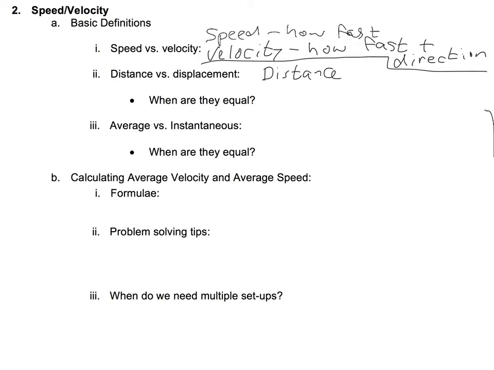Okay? Moving on to our next distinction, which is distance versus displacement. So distance is a measure of how far an object travels, okay? And our displacement is going to be how far we are from the start, or from our initial point, all right?